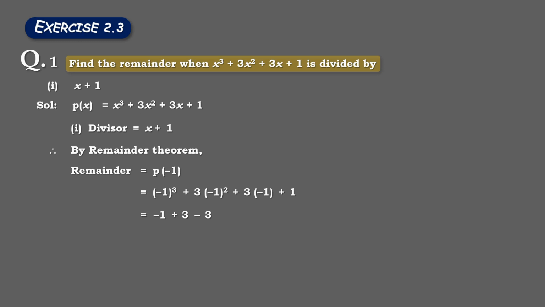So 3 into 1 is 3. 3 into minus 1 is minus 3. And plus 1 remains plus 1. Now add all the values. Minus 1, plus 3, minus 3, plus 1. This gives 0. Therefore, the remainder is 0.